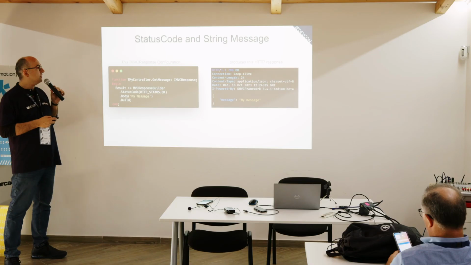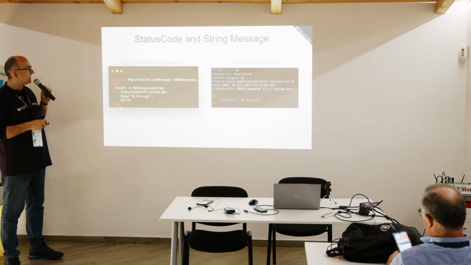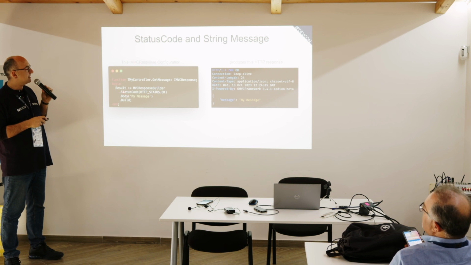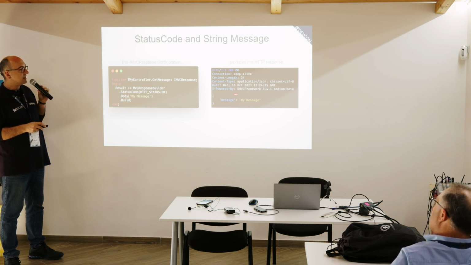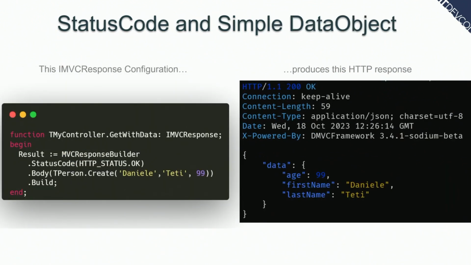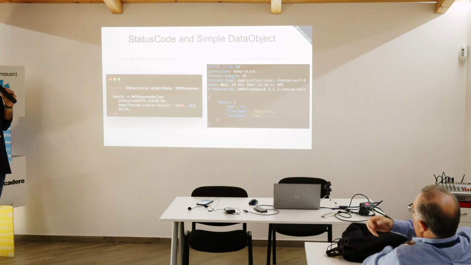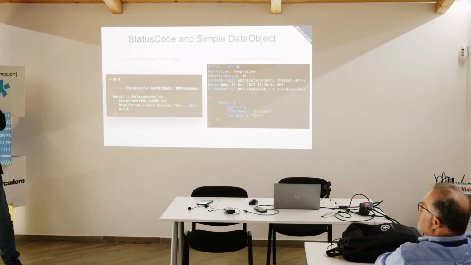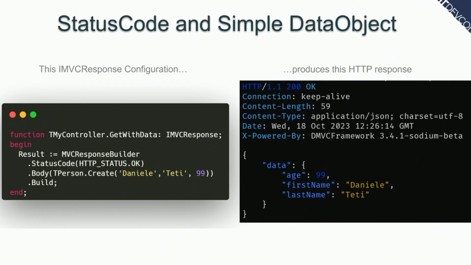So if you write this, setting status code and body, you get this response, with status code and body. If you have this configuration, status code and body with an object body, you get this one.